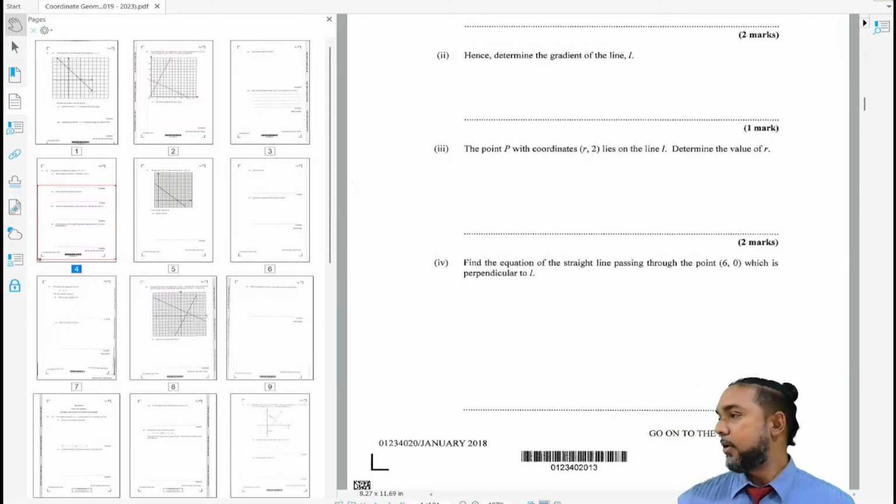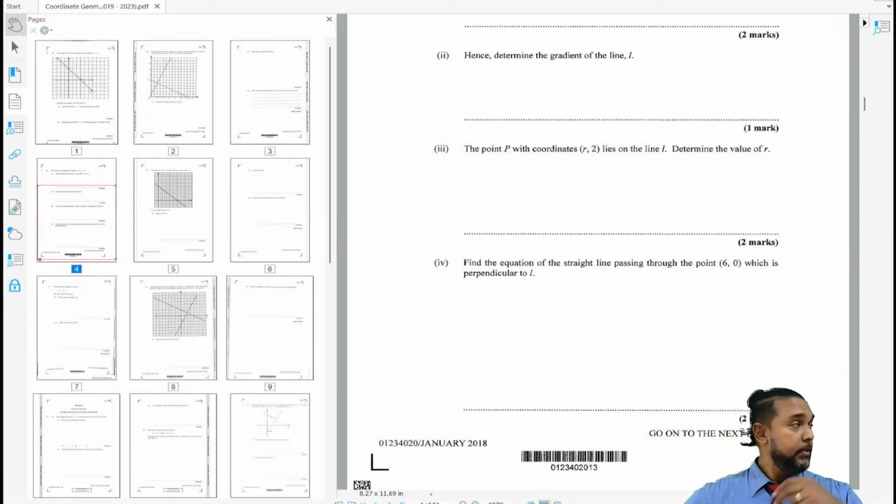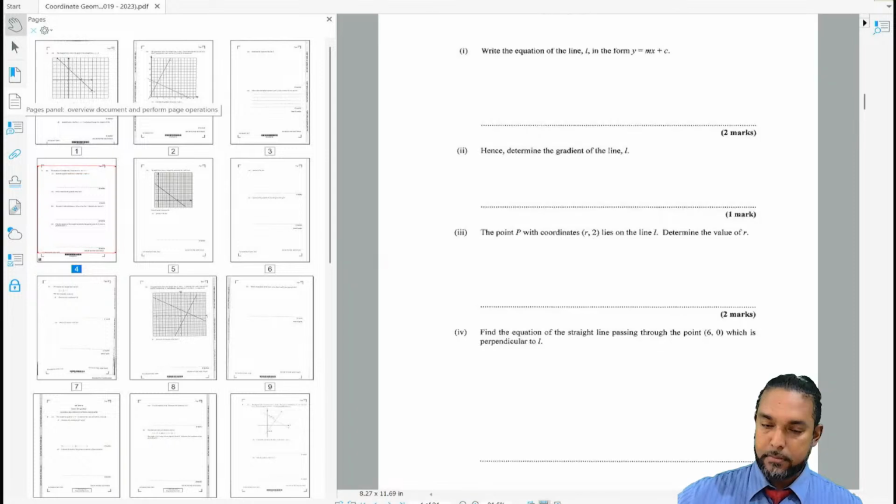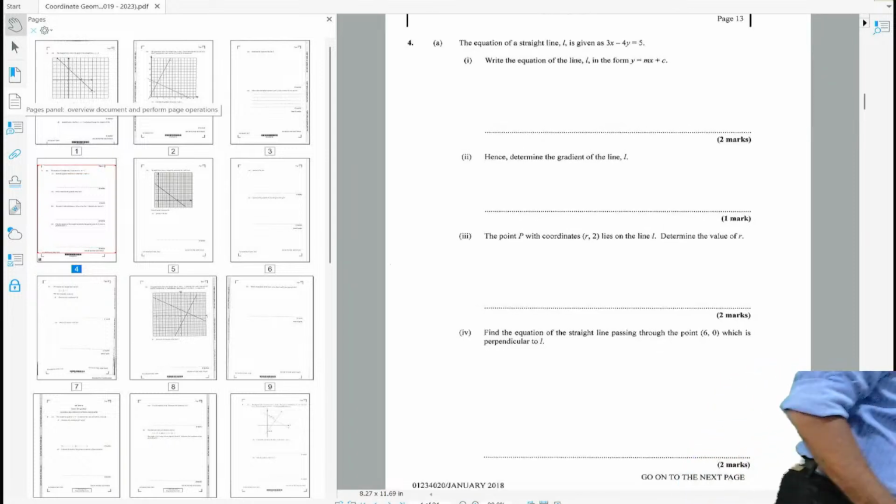Did I send it to print? Yeah, the printing. All right, cool. And what I need to do is copy and paste the question. So let me do that.